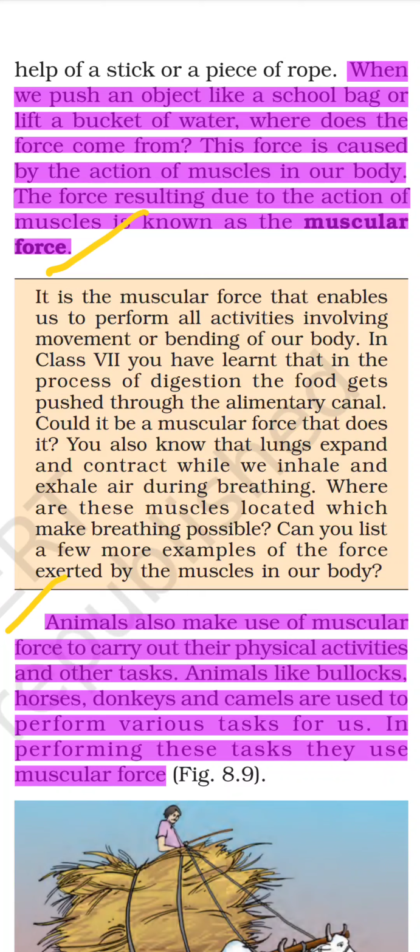Animals like bullocks, horses, donkeys, and camels are used to perform various tasks for us. In performing these tasks, they use muscular force.